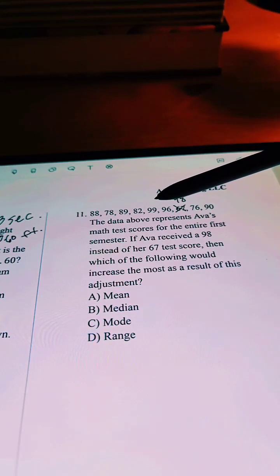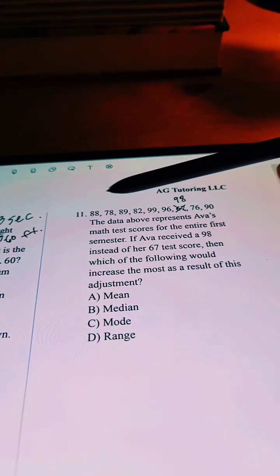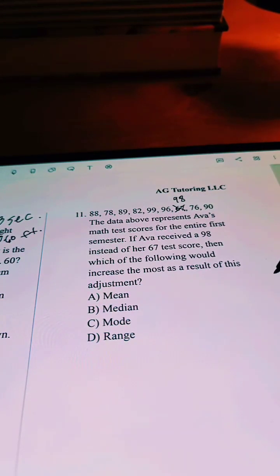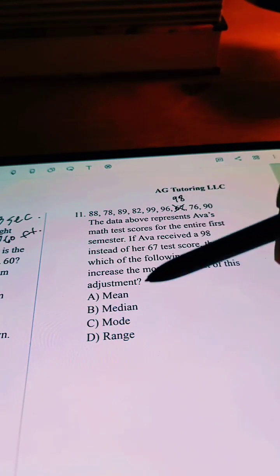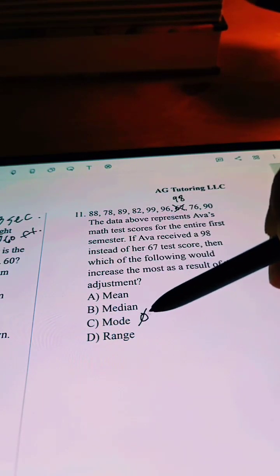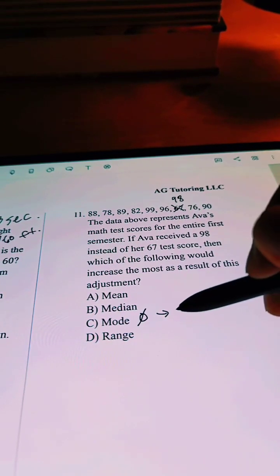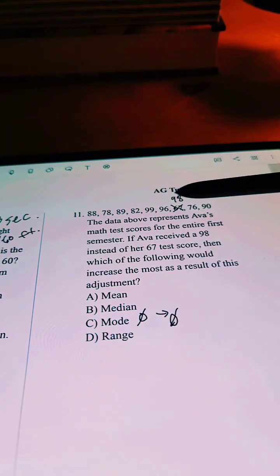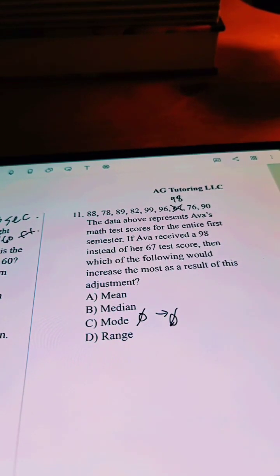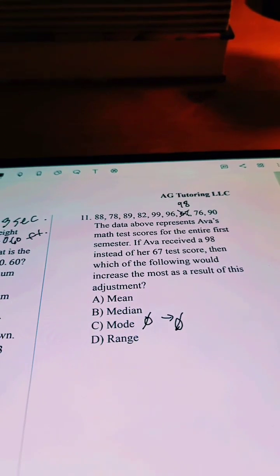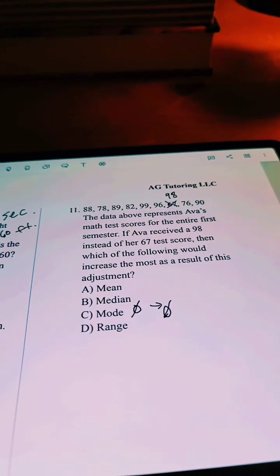There is nothing that occurs more than once, so there is no mode in the original data set. And when we put that 98 there, there's also not a mode that time. No number shows up more than once in the list, so that's not going to change.